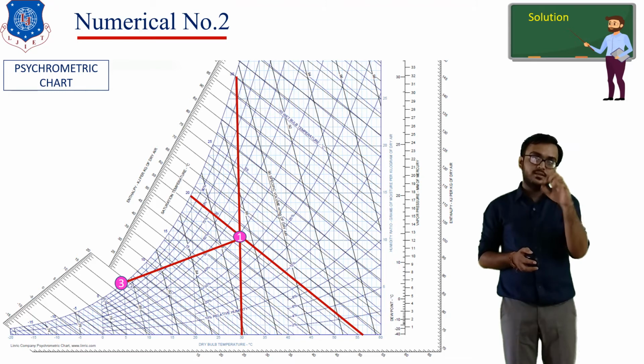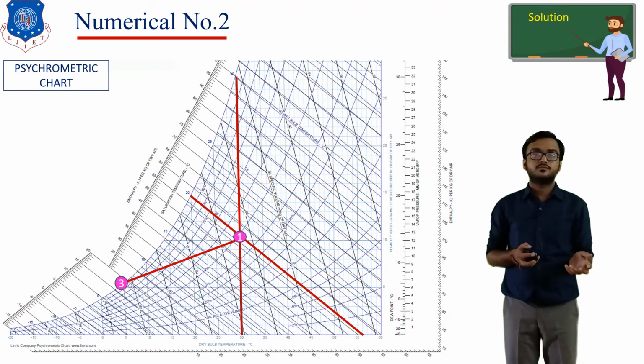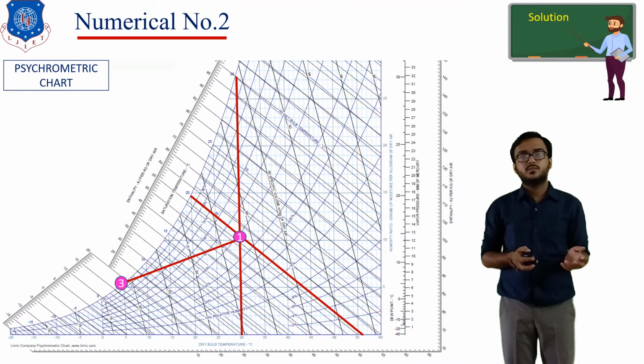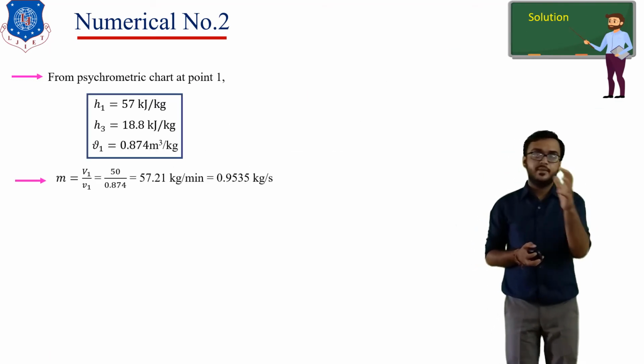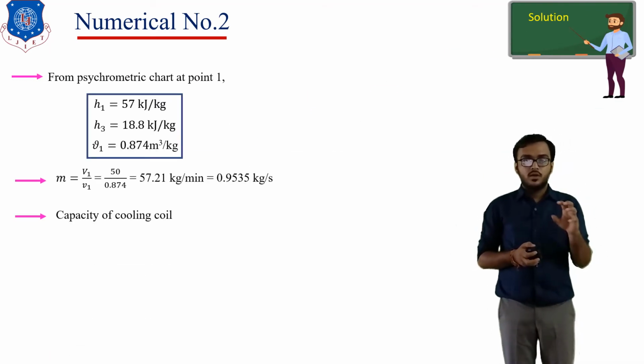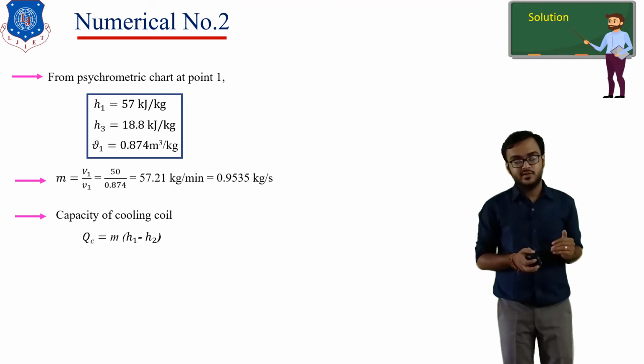Then we know that the cooling coil capacity QC is equal to mass flow rate multiplied by H1 minus H2. But we know that the mass flow rate is equal to the volume flow rate divided by specific volume.